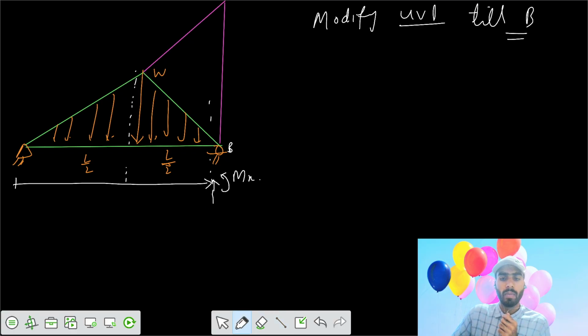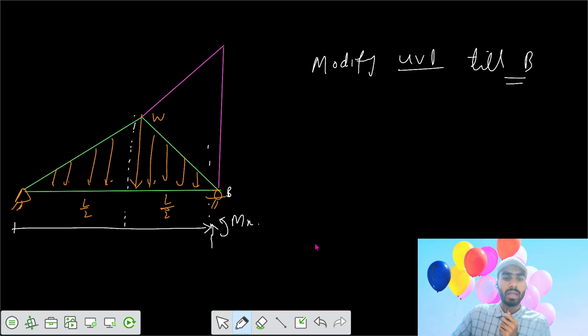If you want to know how much loading we have added here, by symmetry we can say here it was W for the L by 2, so here the loading intensity should be 2W. At L by 2 we have not added any load. So the loading intensity variation is somewhat like this, 2W to 0.